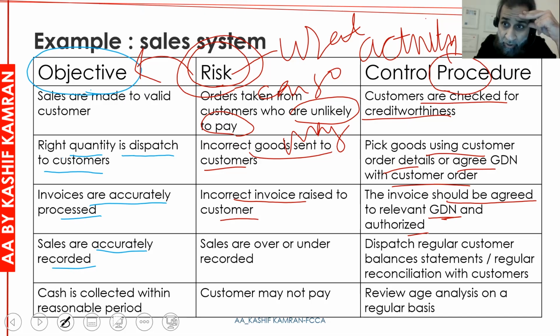Sales are recorded accurately. I want to ensure that. But what's the risk? Sales are over or under recorded. Procedure: dispatch regular customer balance statements and do regular reconciliations with customers. Try to reconcile your balances with customers every possible time. Because if your balance and the customer balance are reconciled, that means there is no understatement or overstatement of sales.